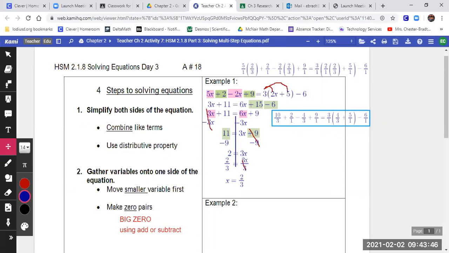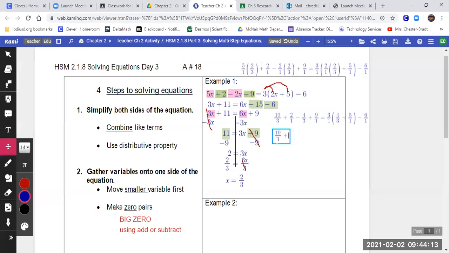So we're going to have to multiply pieces of it so they're all over the number 3. The first one is already over 3, so 10 over 3, we're good. But what about 2 over 1? That's not over 3. So what do I need to multiply both the top and bottom by?